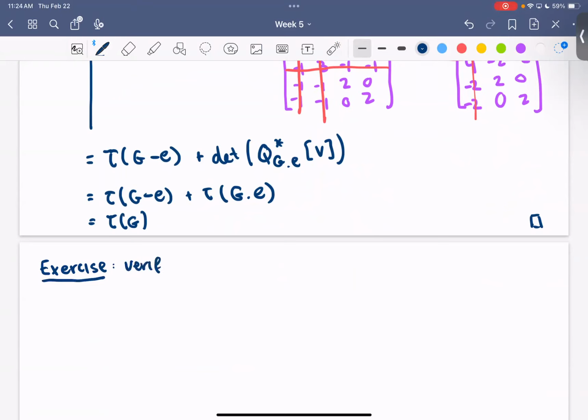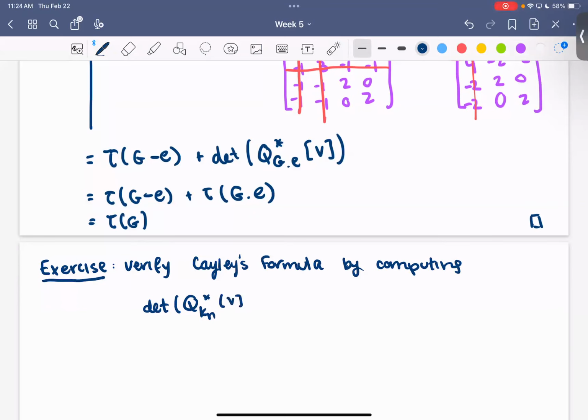Verify Cayley's formula by computing the determinant of the matrix corresponding to the complete graph minus a vertex.